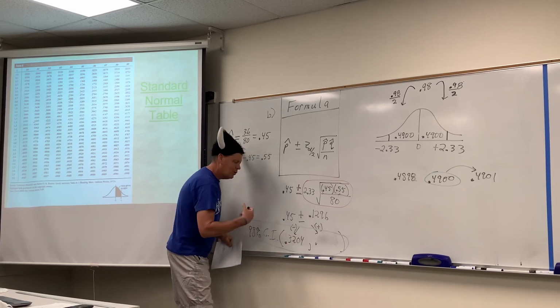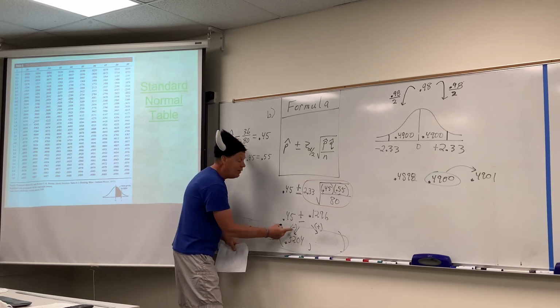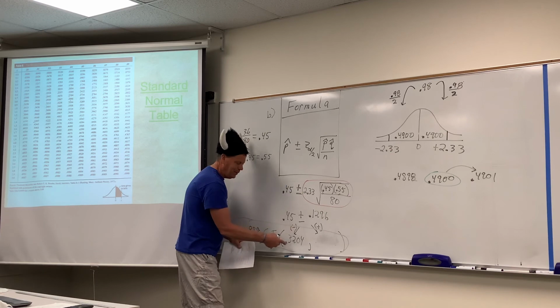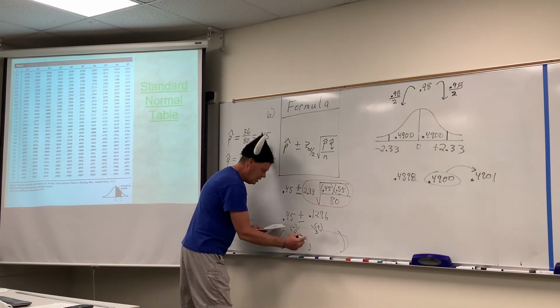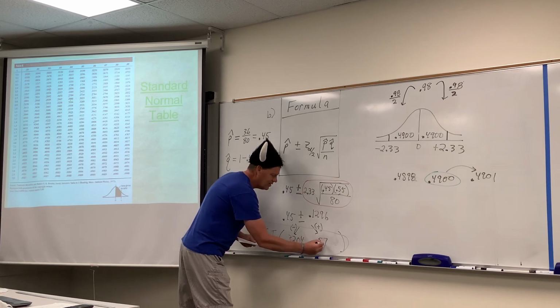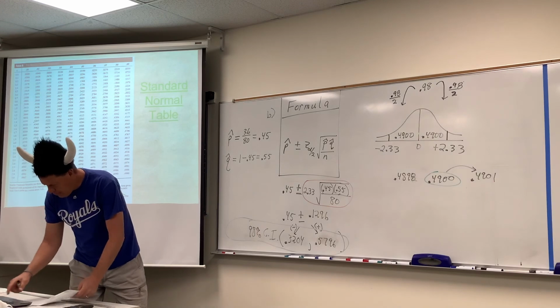In math, when you write an interval, it's always the smaller number first, which would always be by doing minus. So about 32% on the lower end, and when you do the plus, you get 0.5796. And that would be the answer to that part of the question.